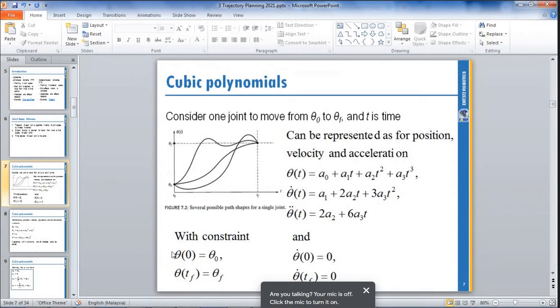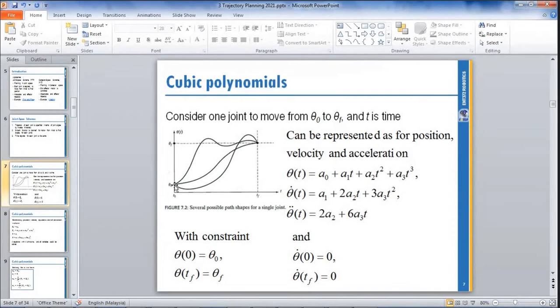At time 0, position equals theta 0, and at time final, position equals theta final. And then you also know the velocity at time 0 is 0.